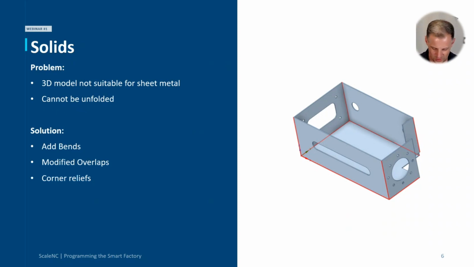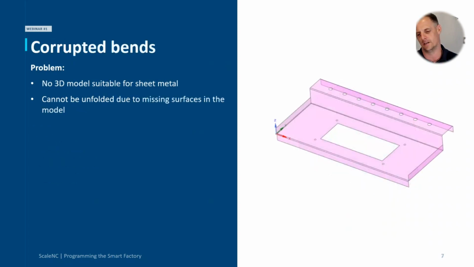Now we're going to dive a little bit deeper into processing and repairing. And the second part I want to show is a part which is also maybe not made for sheet metal.